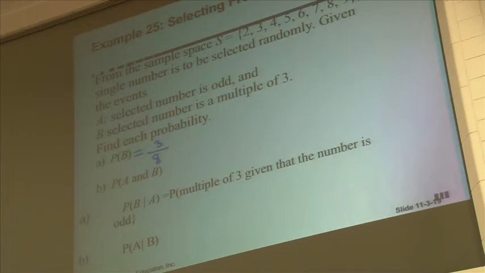Okay. Now, the next thing. What's the probability that you draw something from A and B? That would be how we write it. So the probability of A and B would be the probability of A intersect B. Okay. So I want the probability that the number is odd and is a multiple of 3.